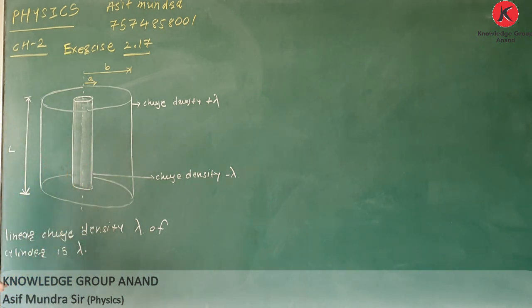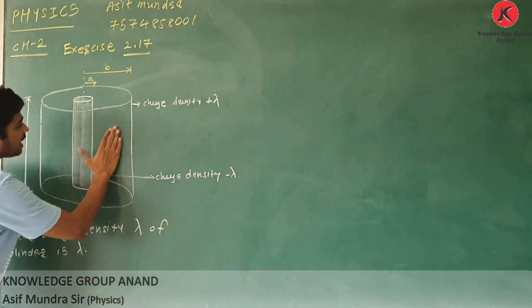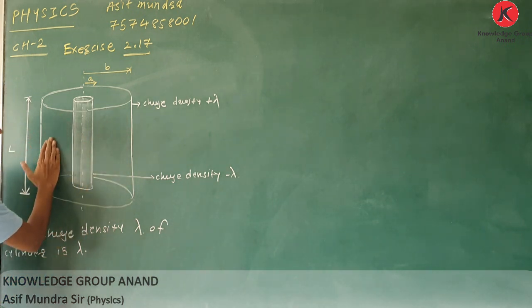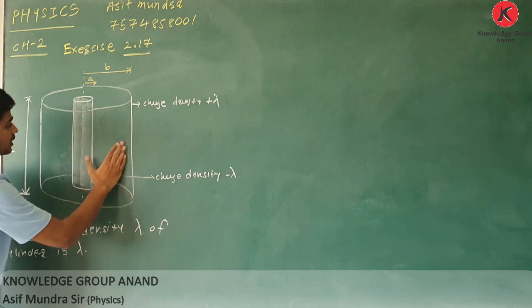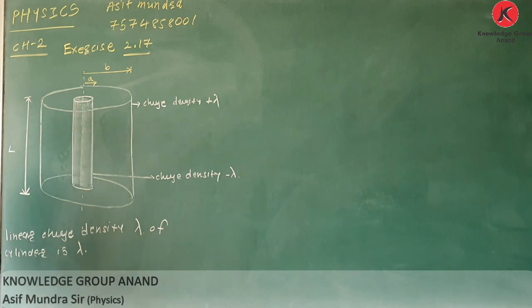Your question is, you have to find what is the electric field in the region between the two cylinders. Okay, you have to find the electric field in this region.